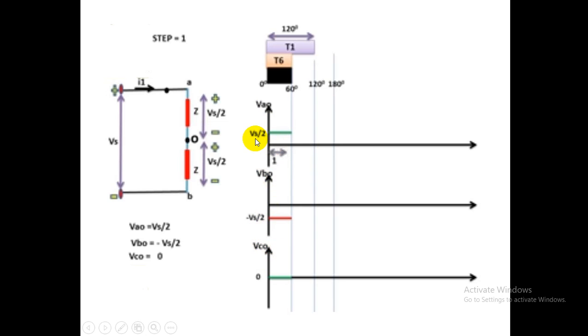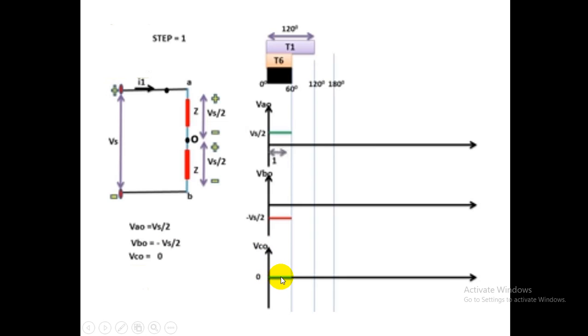As we know, phase A is participating in the operation and having the voltage across the load Vs by 2. This is the Vs by 2 value for VAO, whereas VBO has minus Vs by 2. It is very clear. And phase C is not participating in the operation. That's why we do not get any voltage for the third phase.